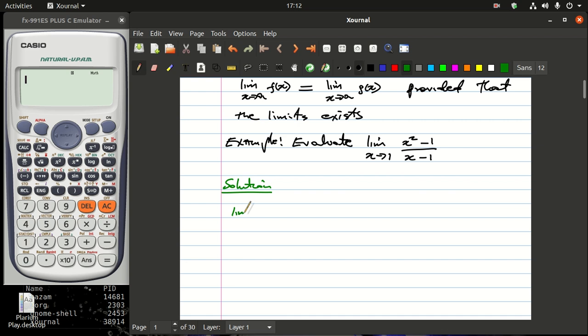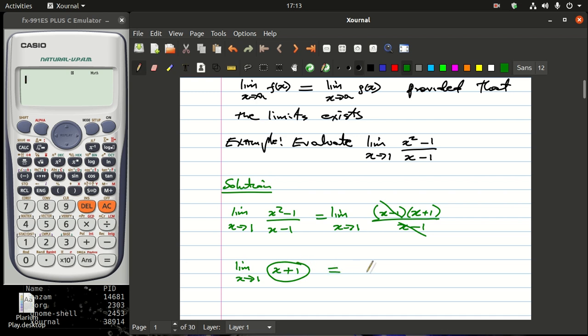So this limit as x approaches 1 of x squared minus 1 all over x minus 1 is the same as the limit as x approaches 1 of x minus 1 and x plus 1 all over x minus 1. X minus 1 and x minus 1 cancel out, and now you end up having the limit as x approaches 1 of x plus 1.